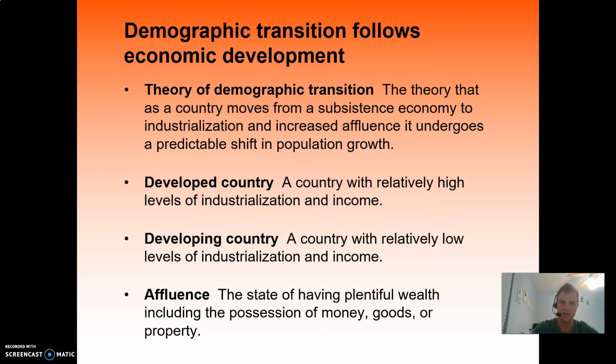So demographic transition follows economic development. Basically, the more your economy grows, your population changes. It would go through what we call the demographic transition, and this is all based on the theory of demographic transition, which is the theory that as a country moves from subsistence, people taking care of themselves, farming off the land, that kind of stuff, to industrialized, people increase their affluence, and that basically is their wealth.